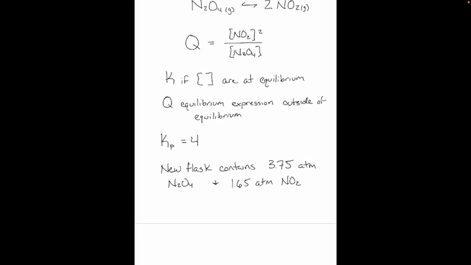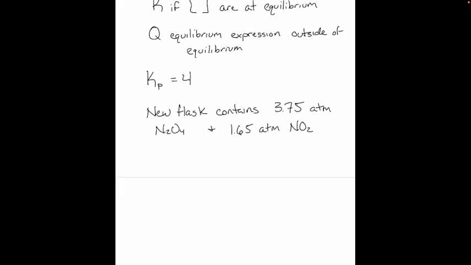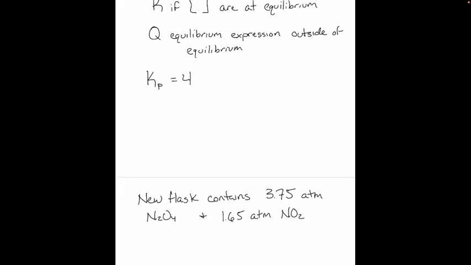So let's solve for our value of Q just by punching in, I guess we should have done KP, pressure of NO2 squared over pressure of N2O4. All right, let's just go ahead and plug our values in here. We are outside of equilibrium.